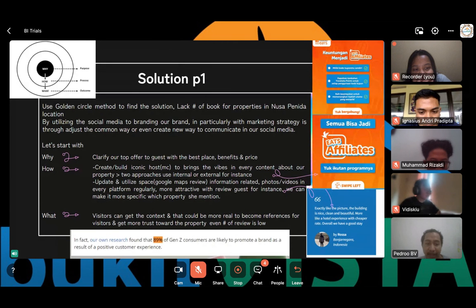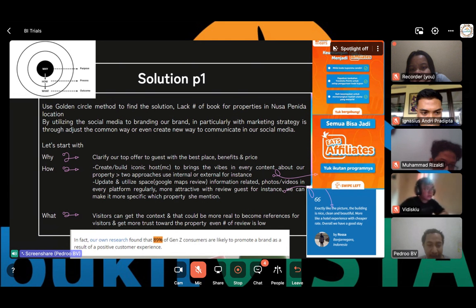First why is to clarify our top offer to guests with the best place, benefit and price, either from Nusa Penida or other properties that we have. The way we can achieve this is to create or build an iconic host or MC to bring the vibes in every content about our property. Here I come with two approaches. First one is internal, and second one is external.